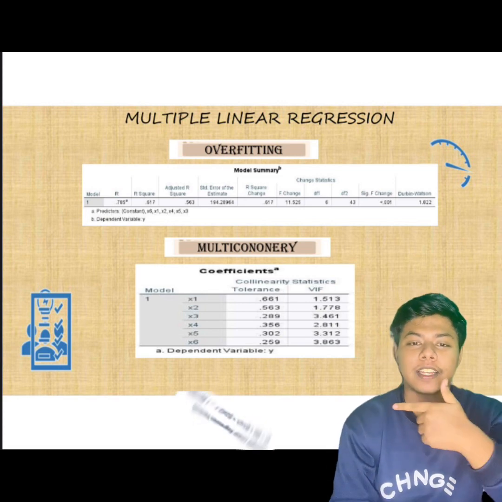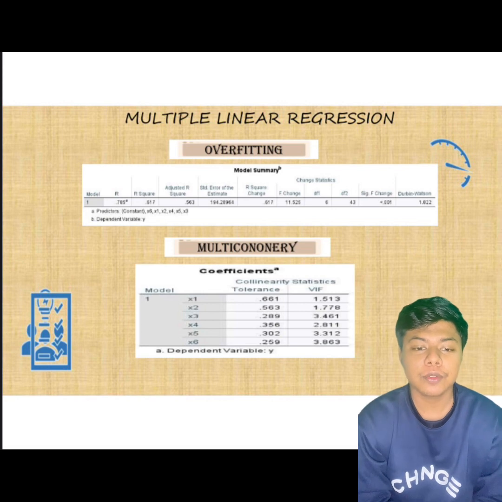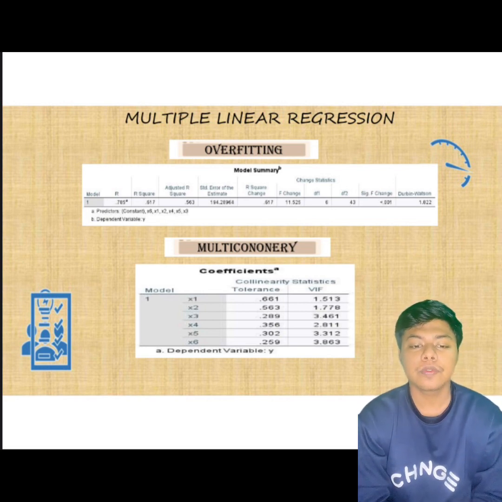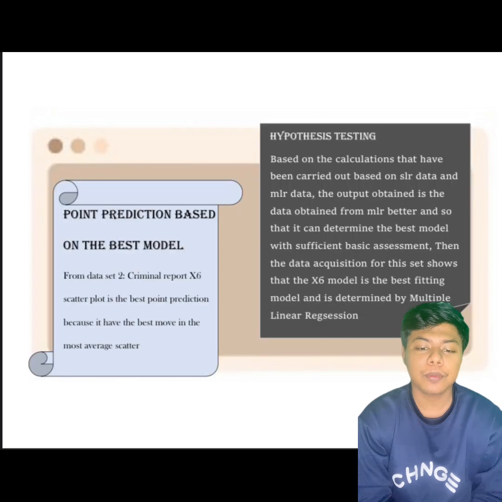My task for the criminal data set 2 is to find the overfitting from the MLR, to find multicollinearity, to do a model comparison, to find the best fit model, and to make a prediction based on the best model and do the hypothesis testing.